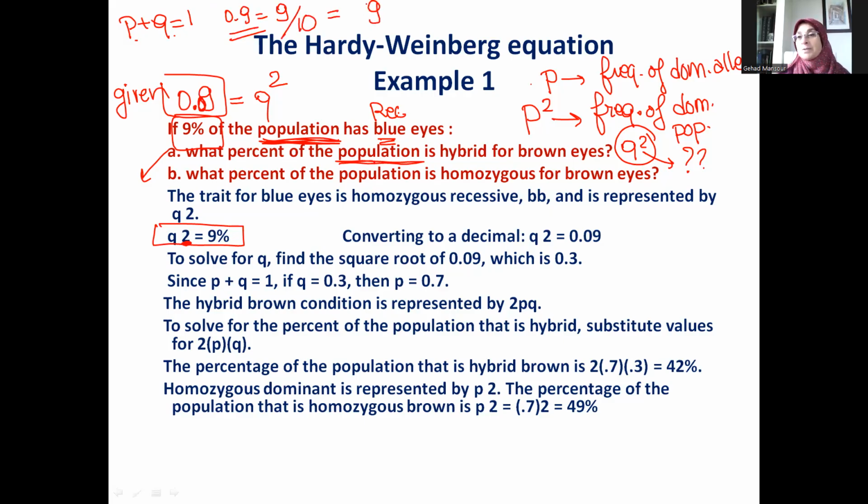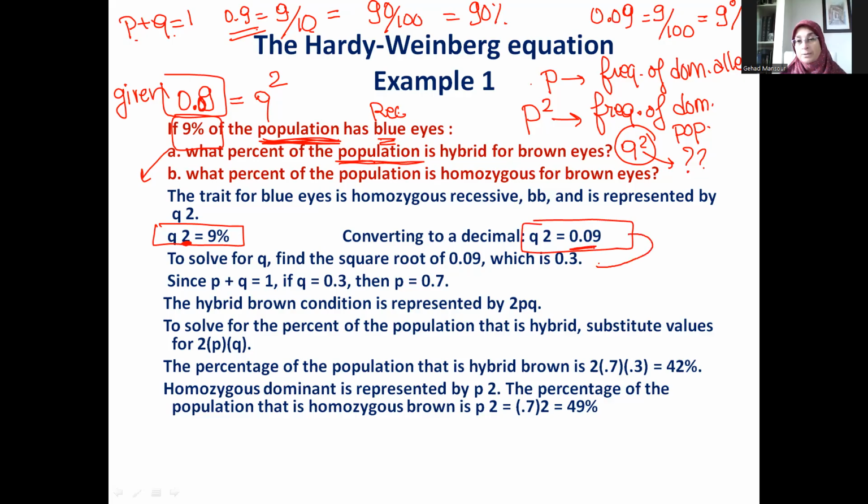It's good that I made this mistake in order for you to avoid it. So 0.9 equals 9 over 10, which is 90 over 100, which of course is 90%. But if you want to formulate 9%, then it has to be 9 over 100, then it has to be 0.09. So Q squared is 9%. Then if we convert it into a decimal, it would be 0.09.